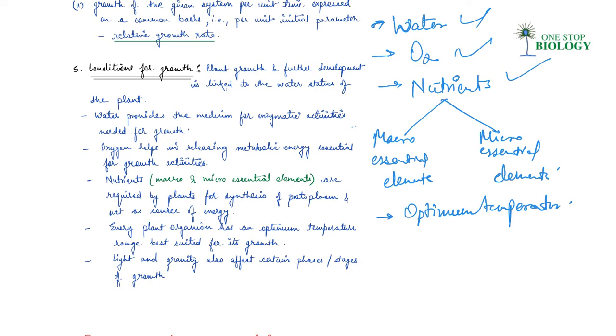Now any deviation from this optimum range could be detrimental to its survival, so it will not grow. Or light, light is required for growth, right? Or say even gravity. In the case of plants, even gravity affects certain phases or stages of growth, right? So all of these conditions are very, very important for plant growth.